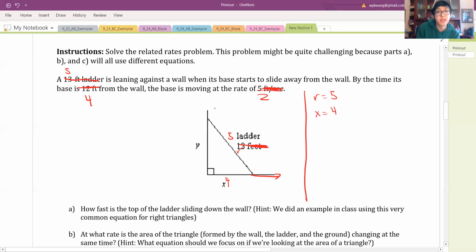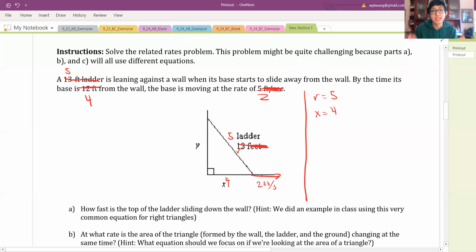We're told that the base is moving at a rate of 2 feet per second. So when x is equal to 4, I know that the base is sliding at 2 feet per second. One thing to keep in mind: when x is equal to 3, we don't know if it's sliding away at 2 feet per second.